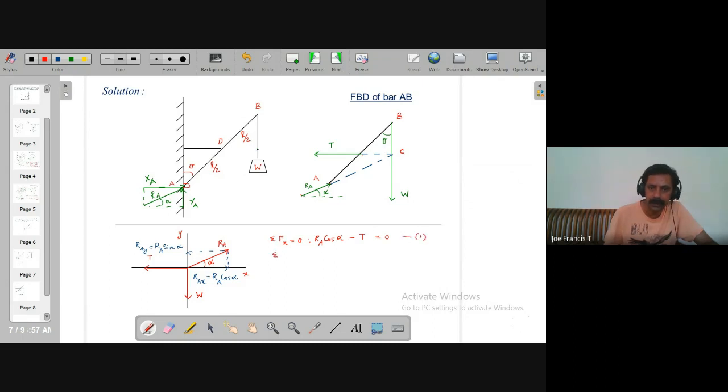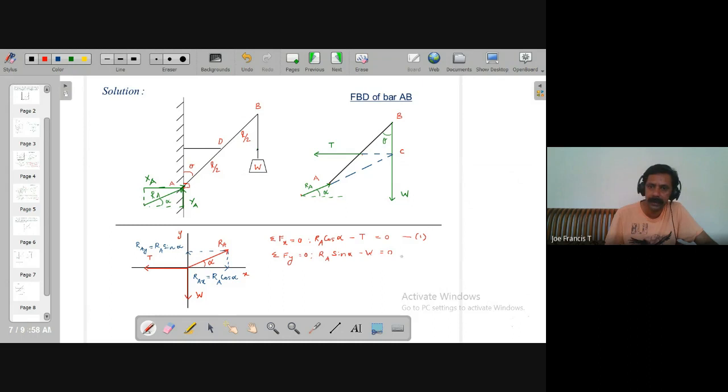Write sigma Fy equal to 0. In the positive y direction you have RA sin alpha minus W, so that is equal to 0.